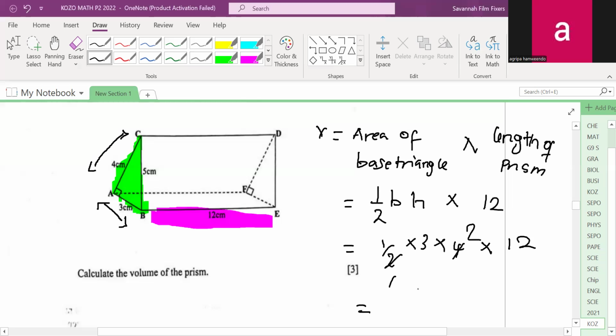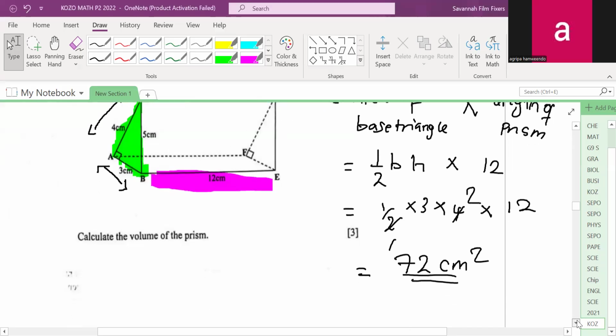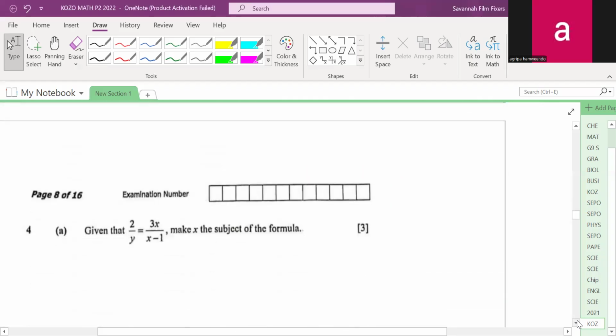We're going to get 72 square centimeters. So the volume of a prism is the area of the triangular base multiplied by the length of the prism. You won't forget? I will not forget. Okay, I'll send you the recording.